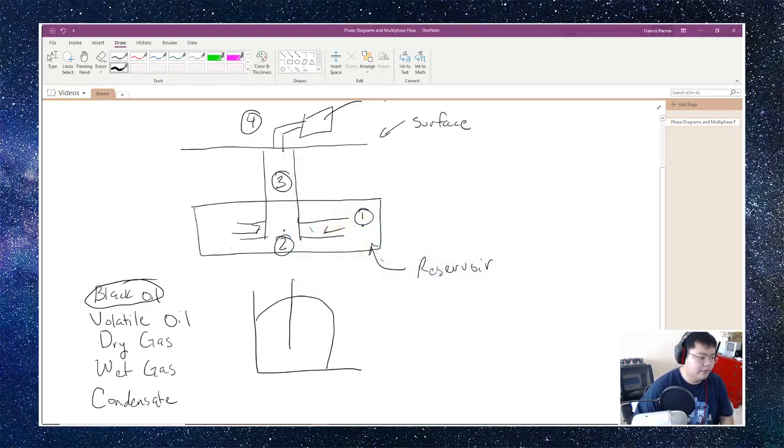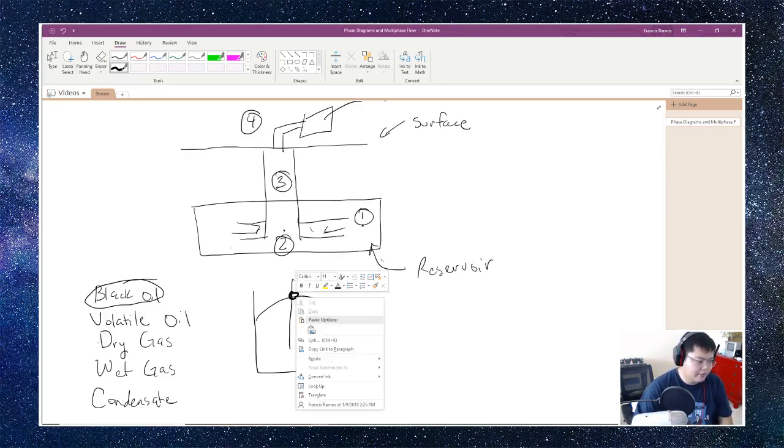Cool. Why does it keep right clicking every time I just want to shade it? Whatever.